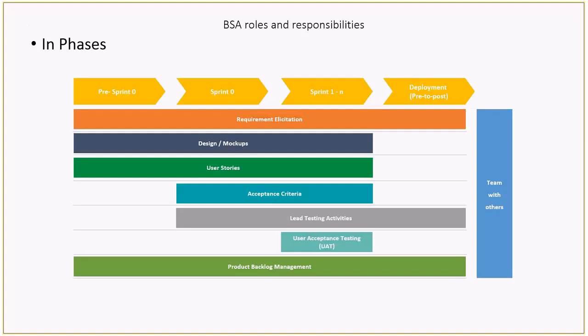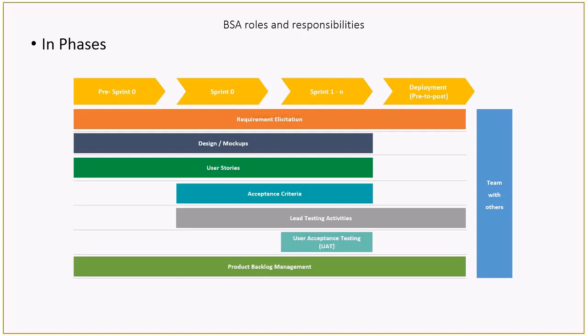The next item is the user stories. User stories should also be documented and ready a sprint or two ahead. What I mean by that is in sprint 0, you should be ready with the user stories for sprint 1 and 2 at least, or minimum the sprint 1 user stories should be ready with all the acceptance criteria written and signed off by the business.